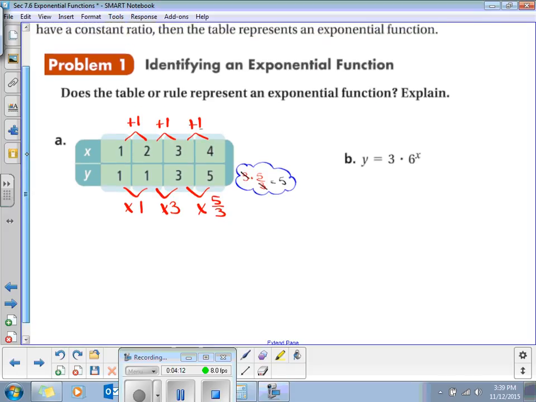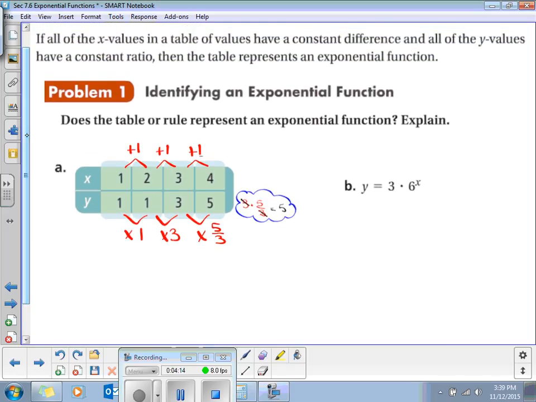So, going back to our rule, it says the x values of a table have to have a constant difference. So, that's good, right? All of the x patterns are the same. It also says that all of the y values must have a constant ratio. Are my ratios the same? They are not the same.